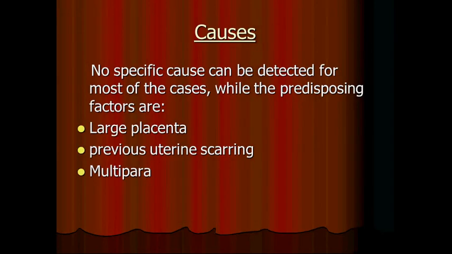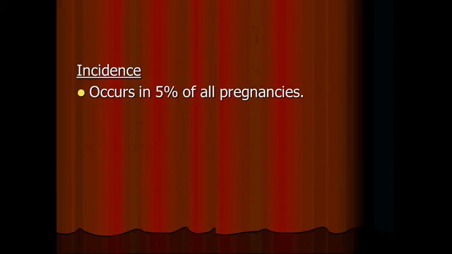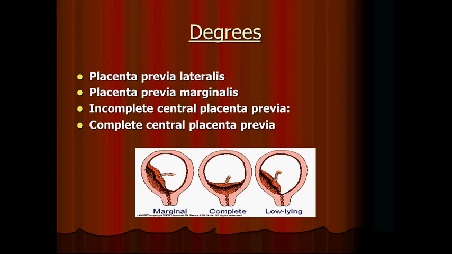Causes: no specific cause can be detected for most of the cases, while the predisposing factors are large placenta, previous uterine scarring, multipara. Degrees: placenta previa lateralis, marginalis, incomplete central, and complete central.